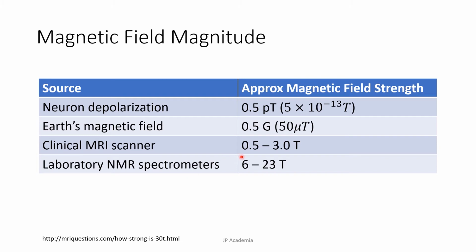For clinical MRI, that's 0.5 to 3 Tesla, while for laboratory NMR spectrometers, it has a value of 6 to 23 Tesla. NMR spectroscopy, as mentioned here, can be used in quality control and research, mainly to determine the content and purity of a sample.